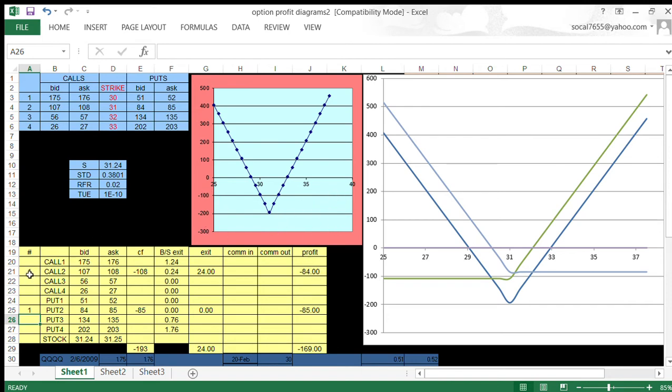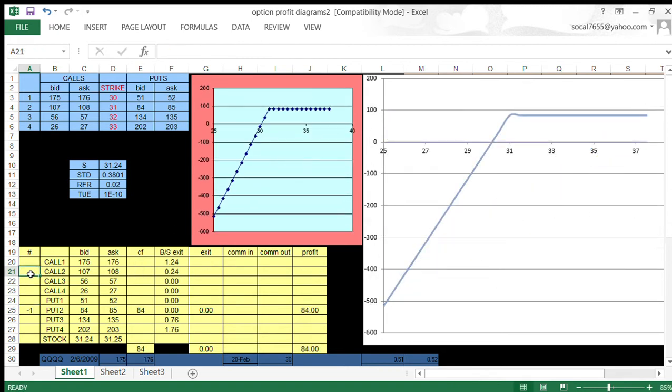Alrighty, so then I'll just show you, let's go back to being short put two, one contract, and instead of being short call two or long call two, let's be short call three.